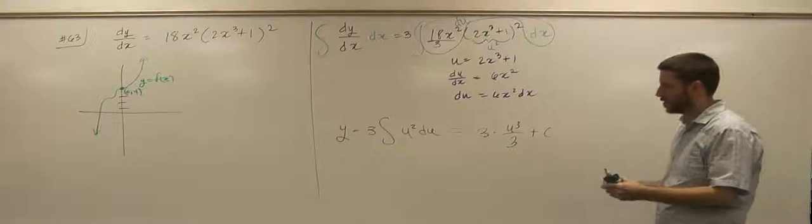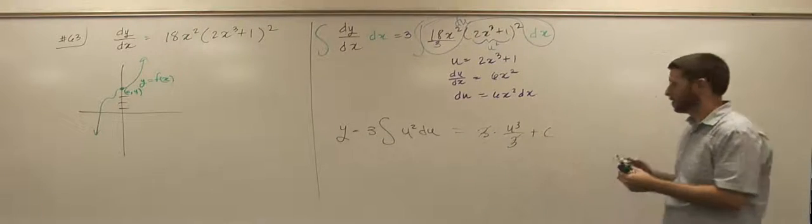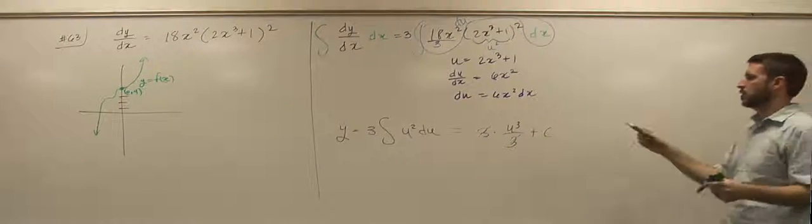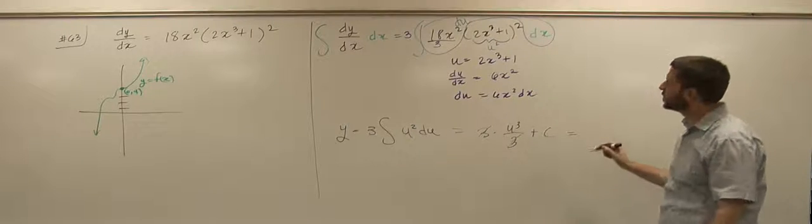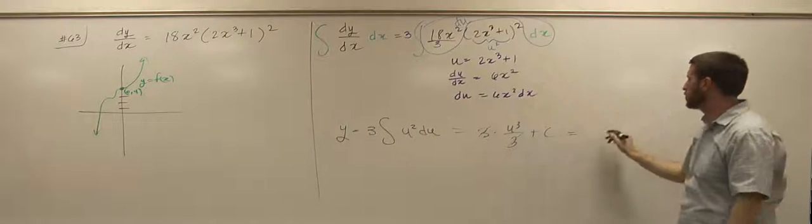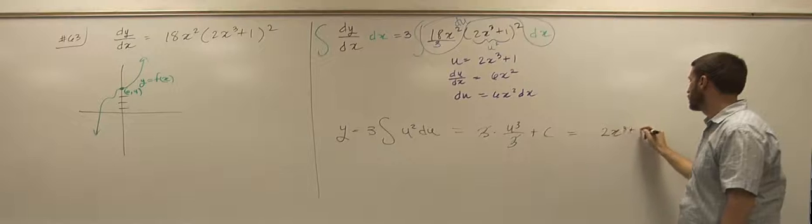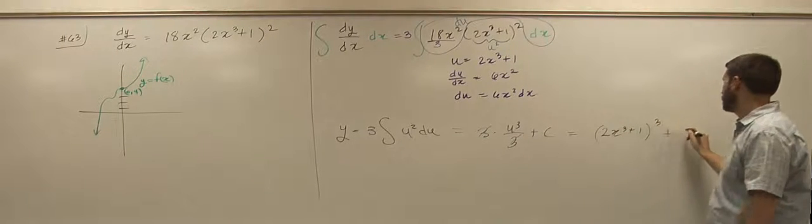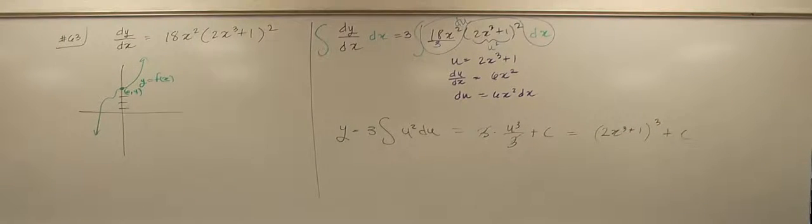The 3's cancel. U cubed is equal to 2x cubed plus 1 cubed. So my function y should be 2x cubed plus 1 cubed plus a constant.